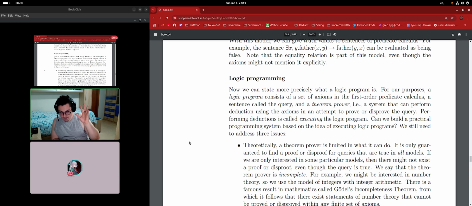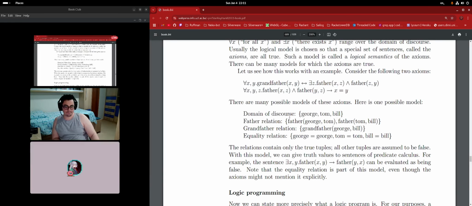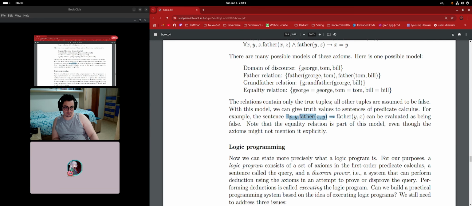Now, how does this relate to logic programming? Easy. Now we can state more precisely what a logic program is. A logic program consists of a set of axioms in the first order predicate calculus, a sentence called the query, and a theorem prover, a system that can perform deduction using the axioms in an attempt to prove or disprove the query. So essentially, you have a sentence, and you want to see if that holds.